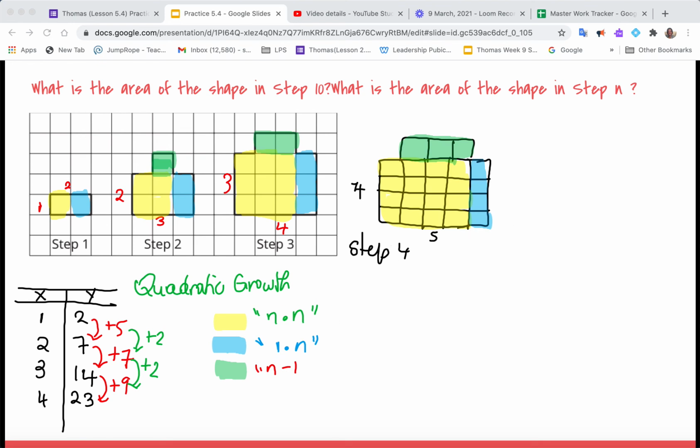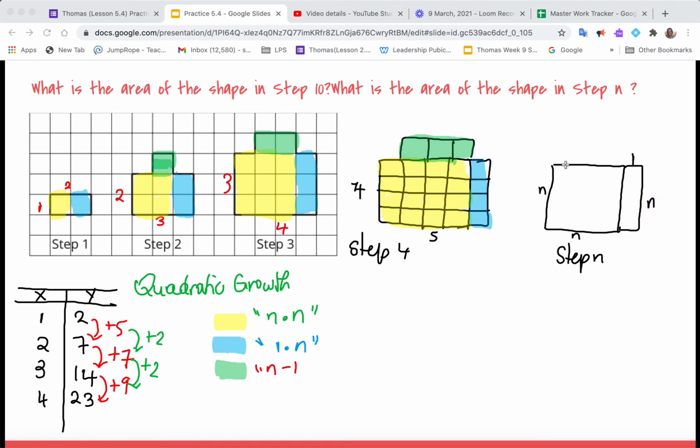So if we want to draw the pattern for step n, then there are 3 parts to our diagram. There is one portion that is going to be n times n. There is one column of n, so this is 1 times n.